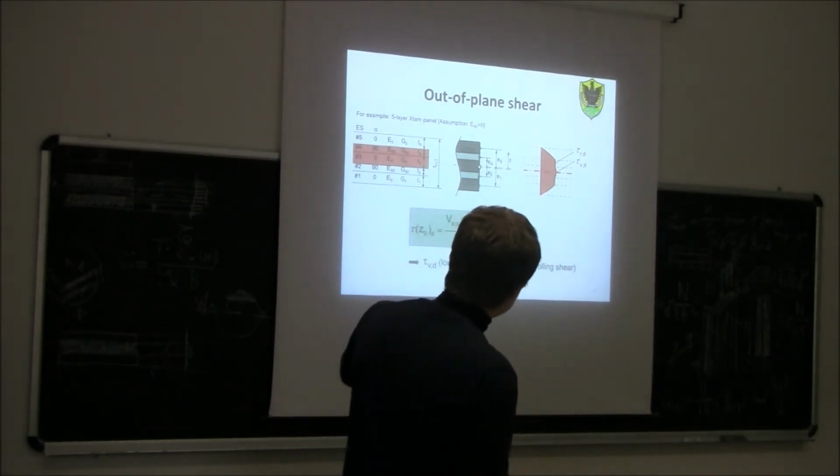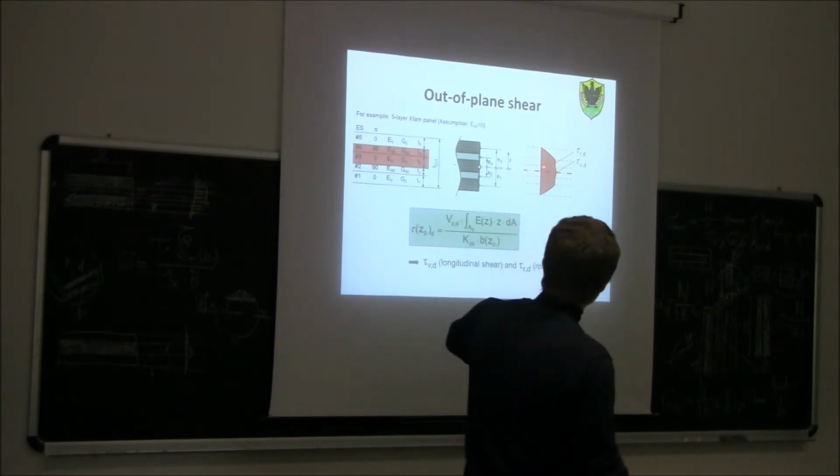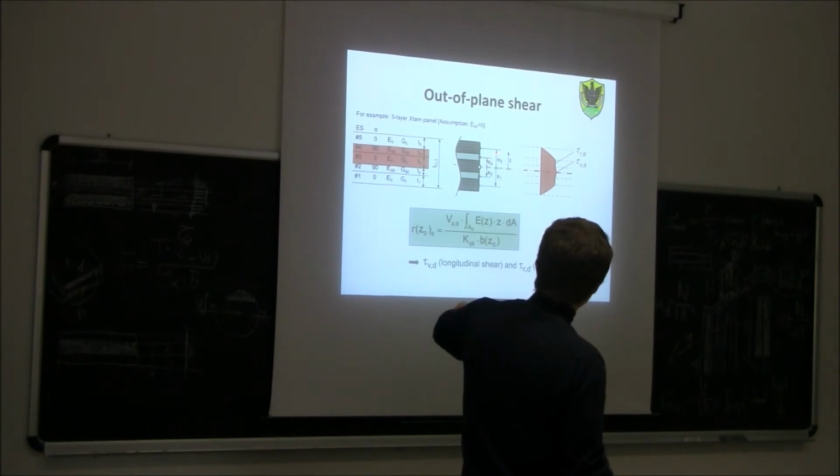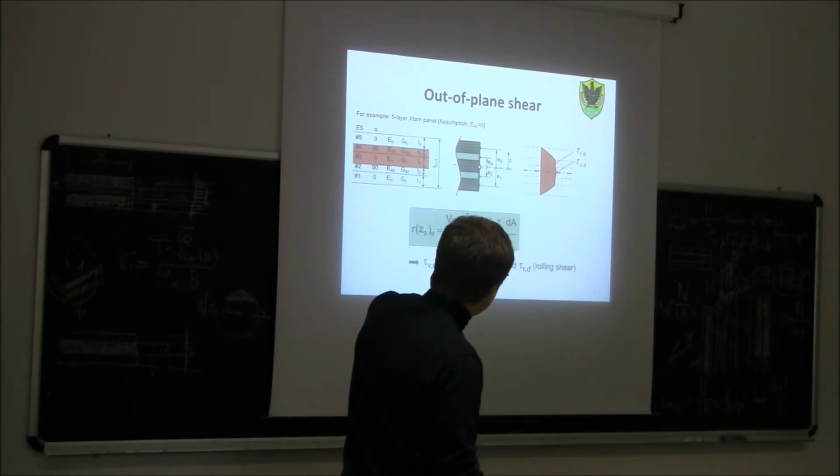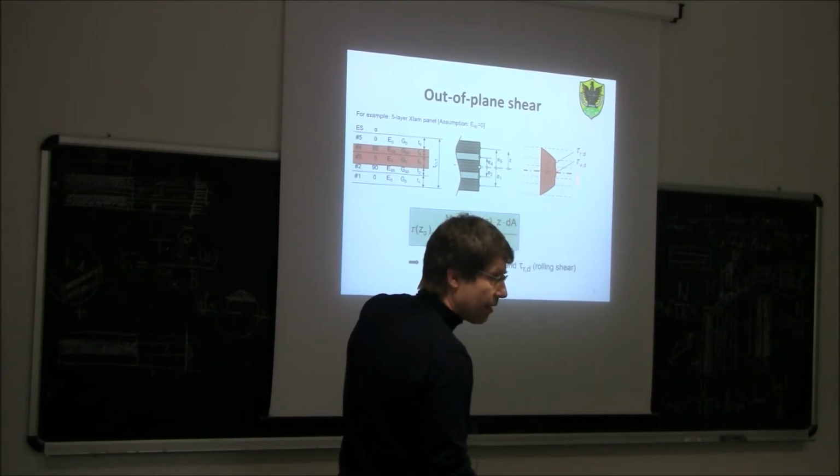Now in this case here, just note that the difference between the central layer and the two inner layers is not very big. So you can see here, of course, in the central layer, a slightly larger shear demand than everywhere else. Okay?